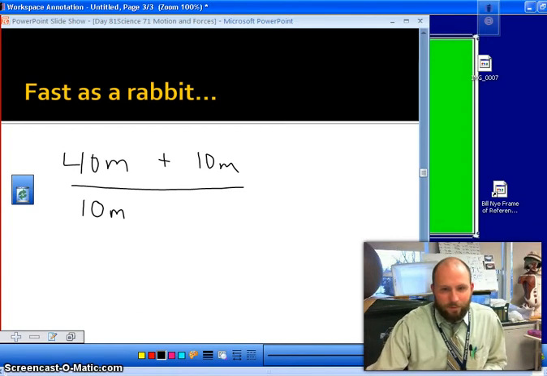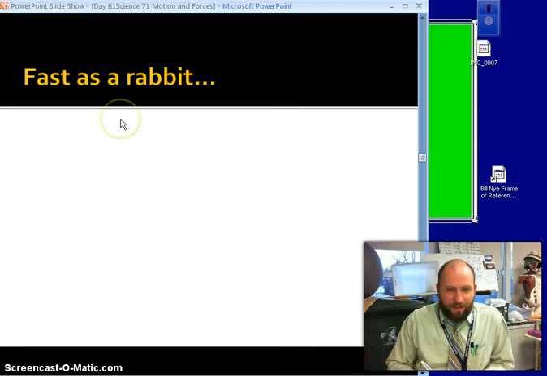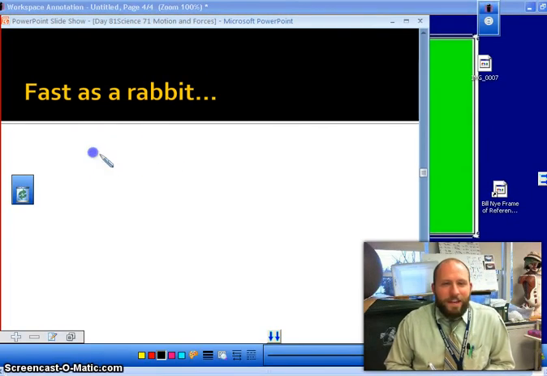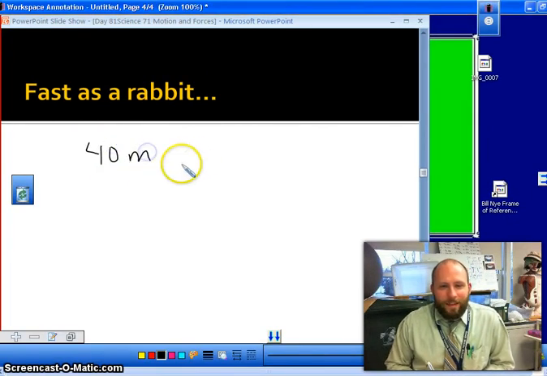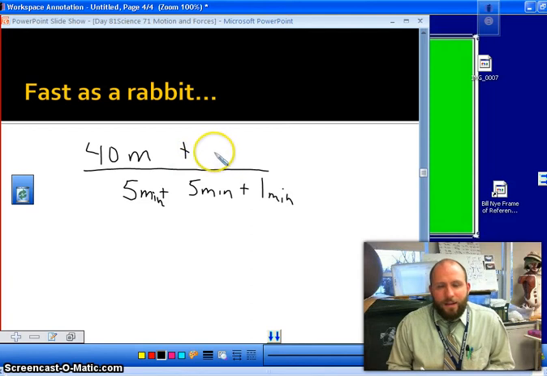We'll pause for a moment. Alright, figured it out. It was 40 meters, and he did that in 5 minutes. But then he rested for 5 minutes. And then he sprinted for 1 minute. And I believe that last 10 meters is when he did that 1 minute.